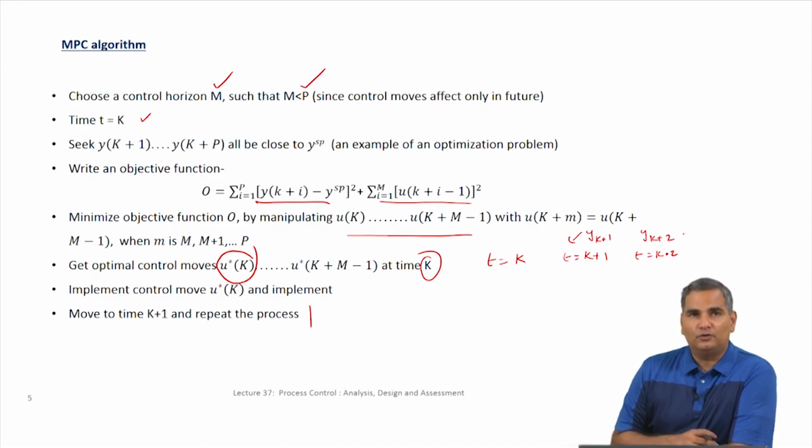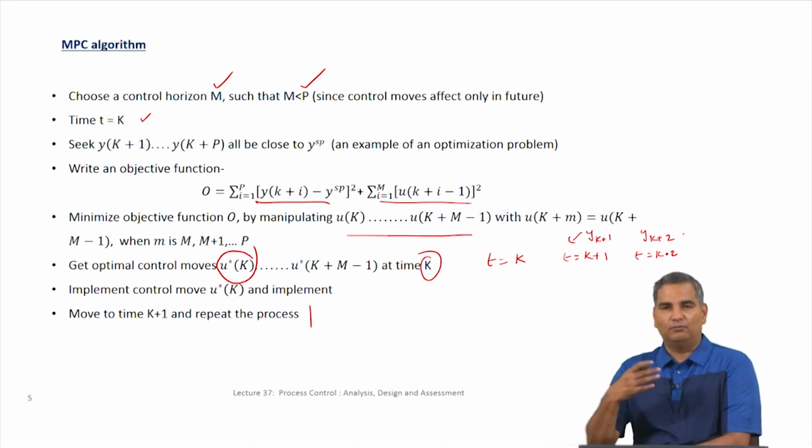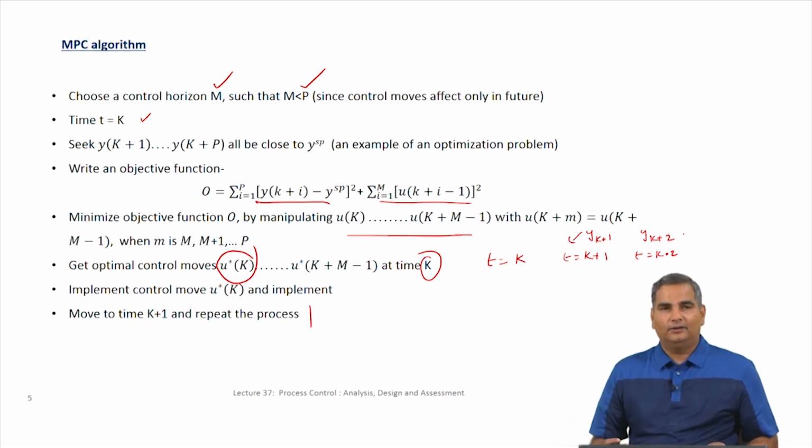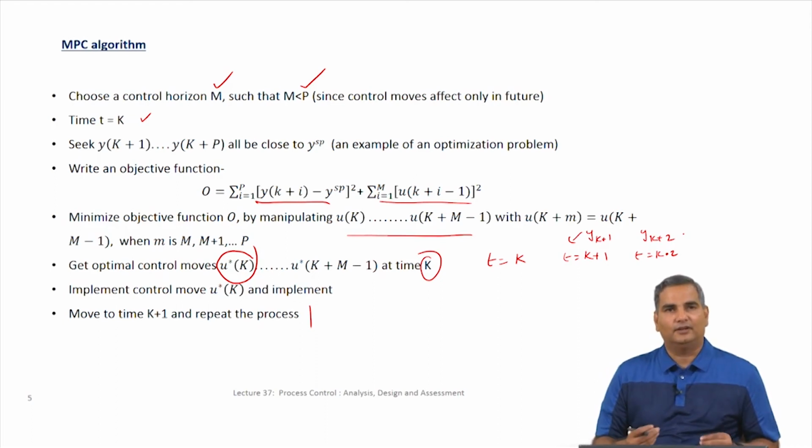This m you choose can be used as a tuning parameter to make the controller more or less aggressive. So, if you have more moves in your bag, you can make the controller a little less aggressive than if you have a single move that you are making every time, or you think you are going to make every time.